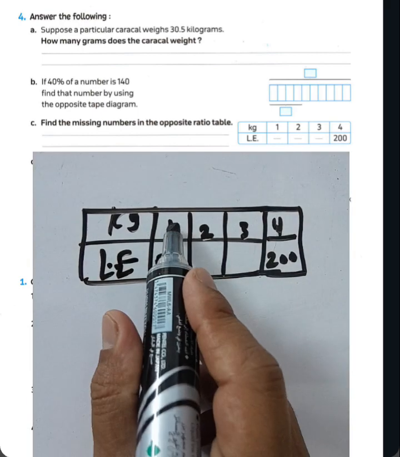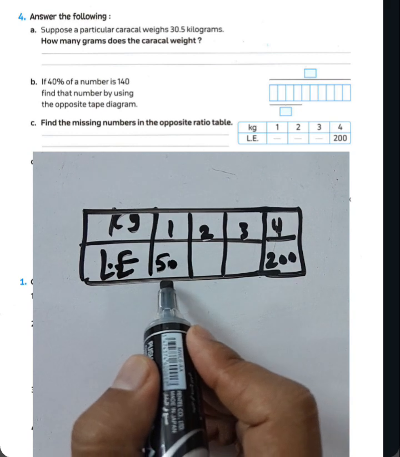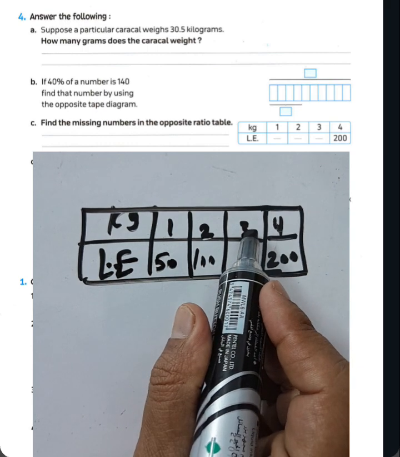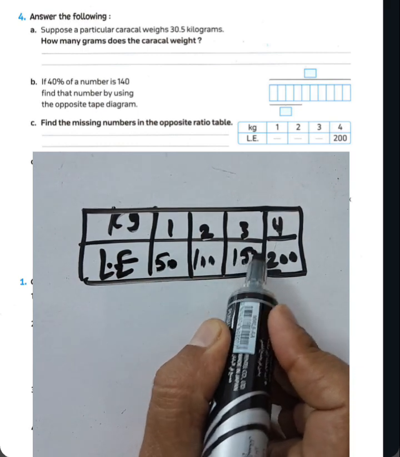The price of 1 kilogram equals 50 Egyptian lira. The price of 2 kilograms is 100 Egyptian lira. 3 kilograms, 3 times 50, it will be 150 Egyptian lira.